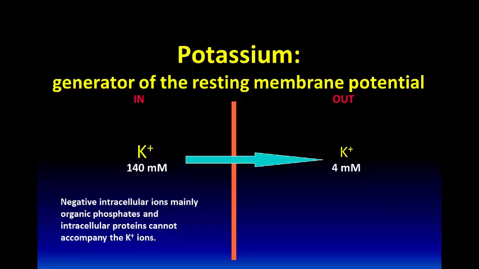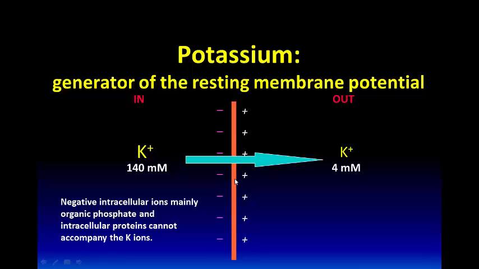Thus, the efflux of potassium ions across the membrane in the resting state and the inability of the negatively charged intracellular ions to accompany the efflux of potassium ions results in the accumulation of negatively charged ions on the inner surface of the membrane and positively charged ions on the outer surface of the membrane, and a voltage develops across the membrane.